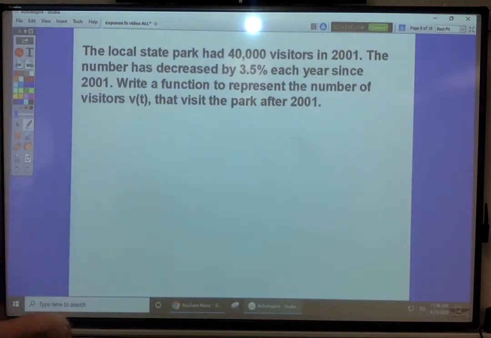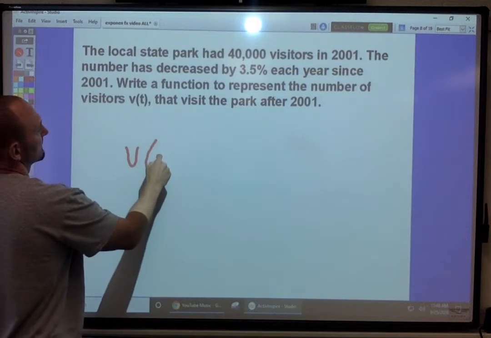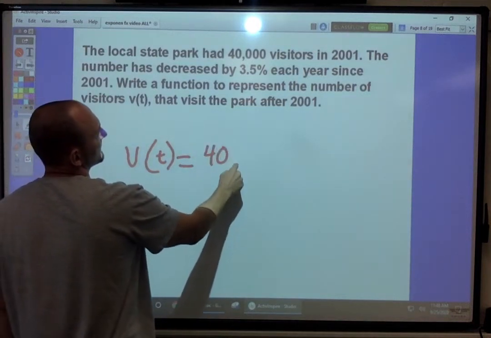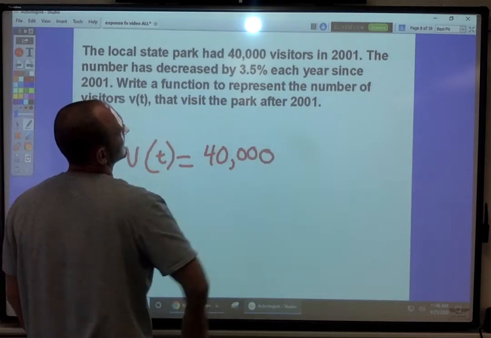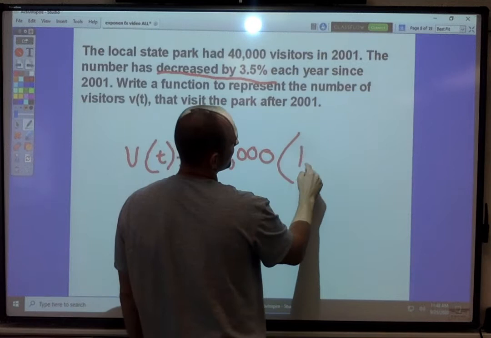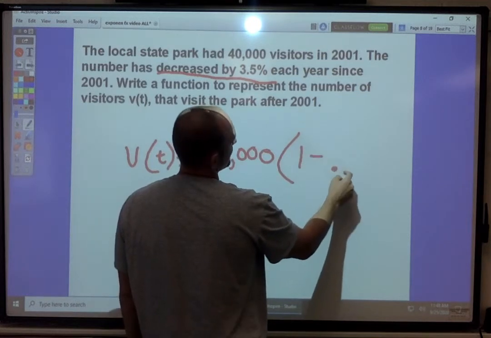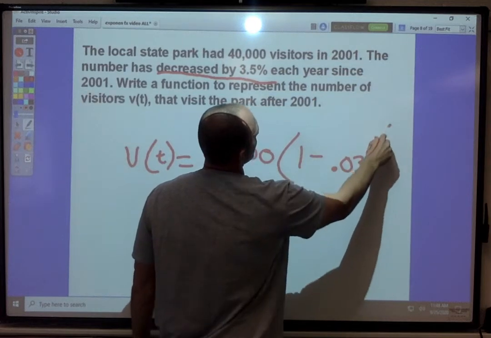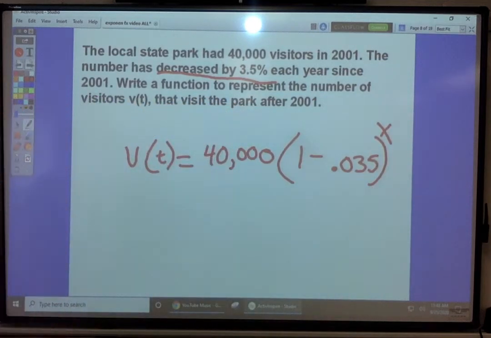Okay, write the function. That's our starting amount, 40,000 people. It's decreasing, so I'm going to use the 1 minus. So change that to a number we can use, not a percent. Oh, X is wrong. Yep, you caught it.